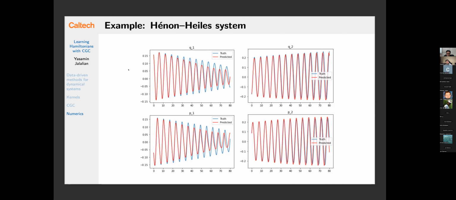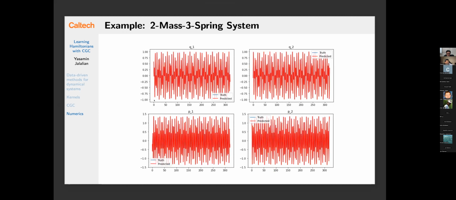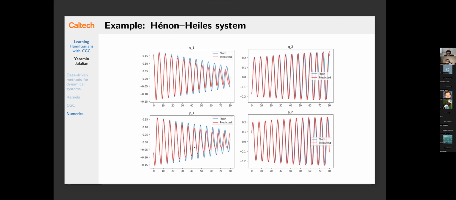And I should note something on these plots: until time 10 here, what we have is just the training set, but everything afterwards is whatever we have forecasted. It's going to be the exact same thing here.